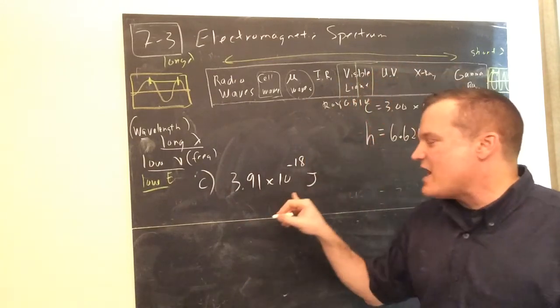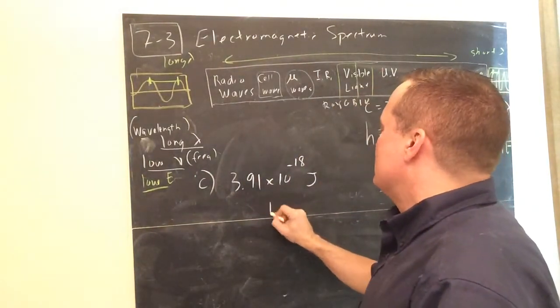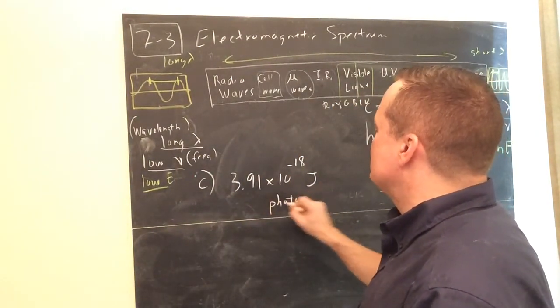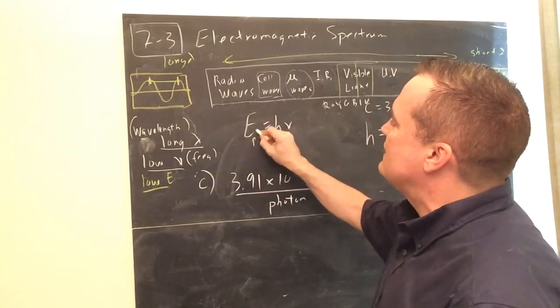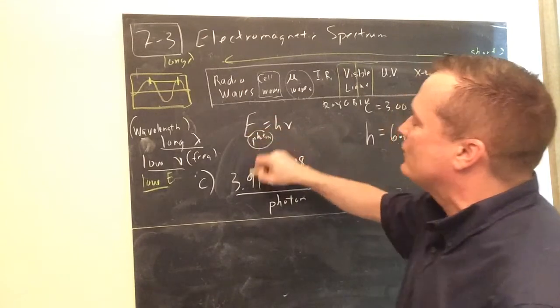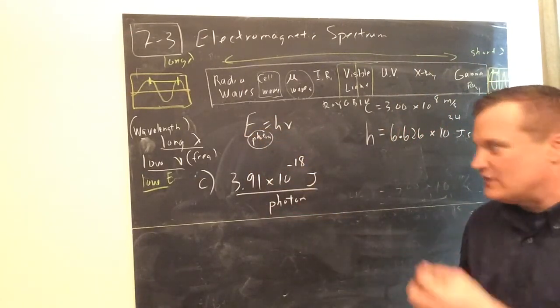This is how many joules of energy you get for one photon. So it's really better to say joules per photon. In fact, E equals hν, the energy per photon. This is how much energy for one particle of light.